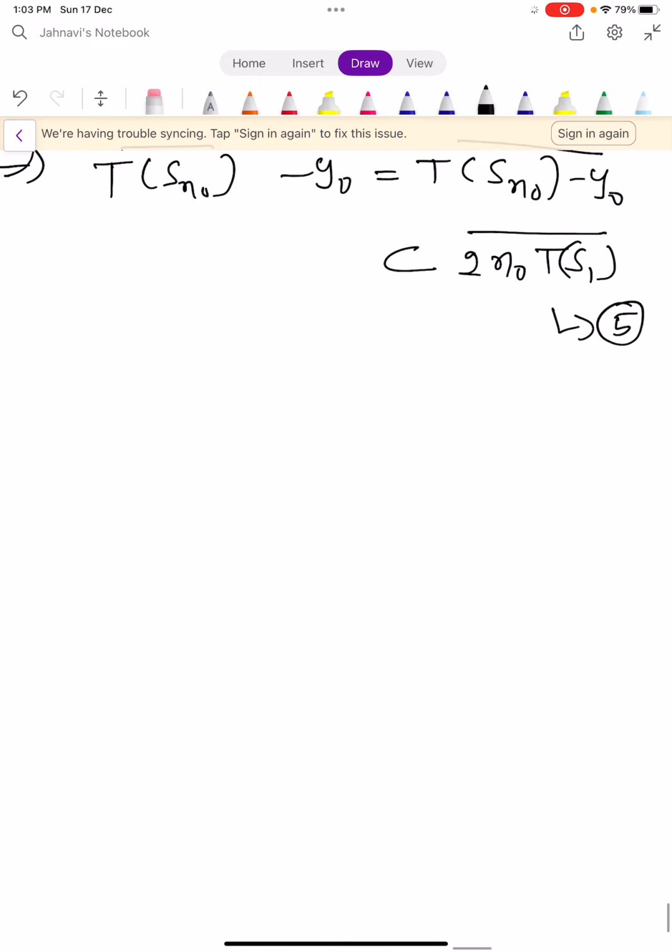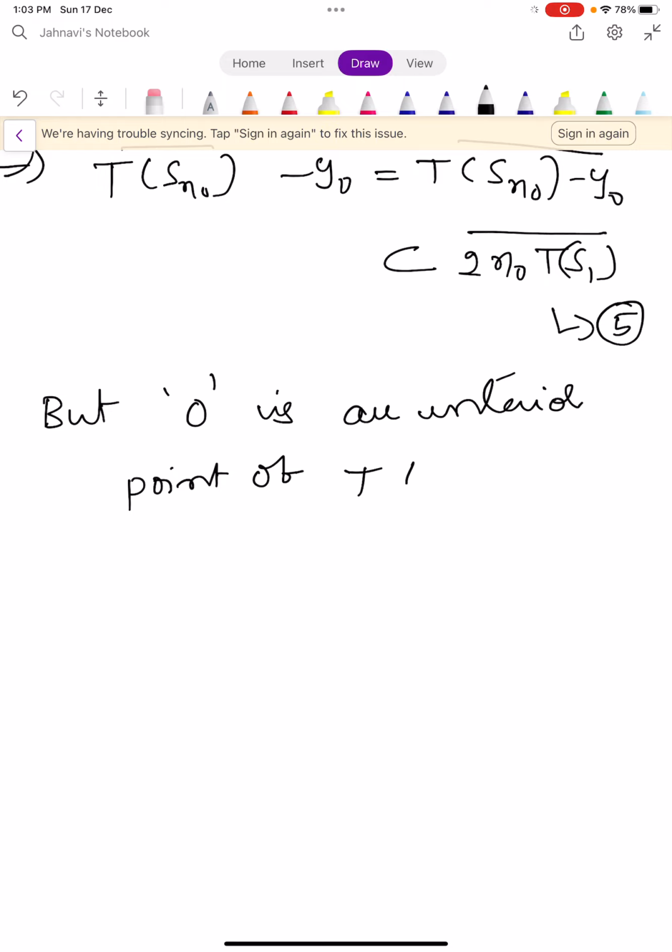But remember that this origin O is an interior point of T of Sn naught minus y naught.